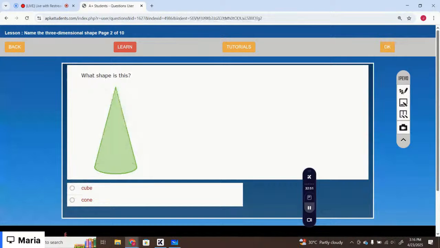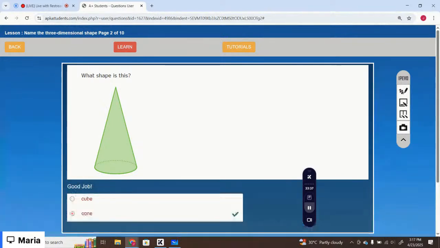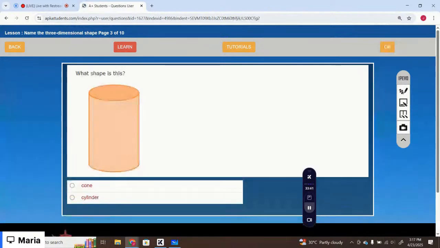What shape is this? Very good. That is a cone. What shape is this?